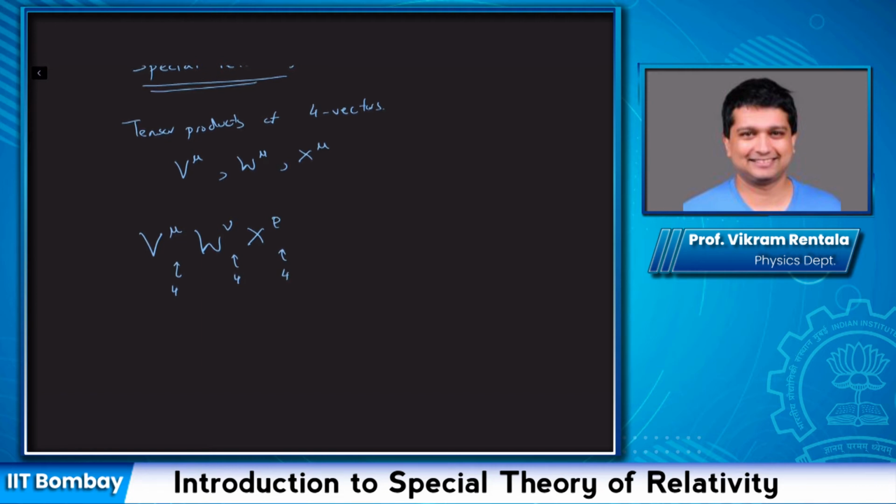So this object that we've constructed has 4 times 4 times 4 components, that's 64 components, and this is called a rank 3 tensor.